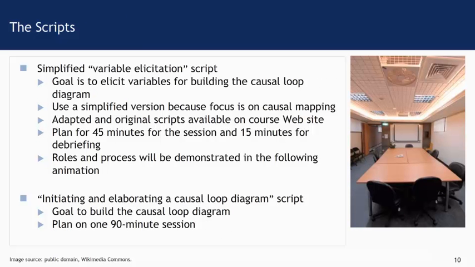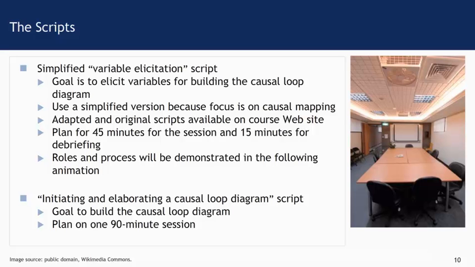Let's have a closer look at the scripts that we will follow to conduct our workshop sessions. The first script is a simplified version of the variable elicitation script that is available in Scriptapedia. As its name says, the goal of the script is to elicit variables, in our case for building the causal map.